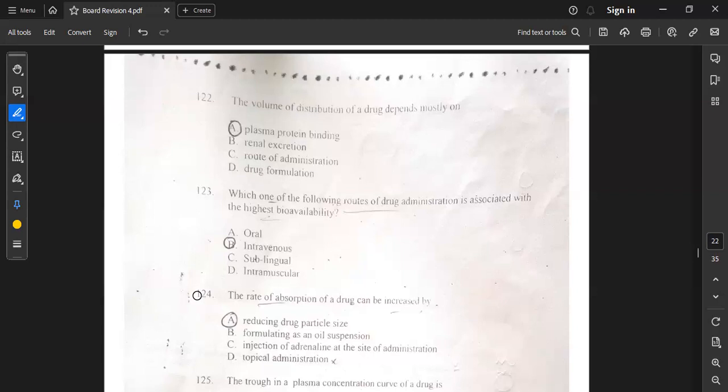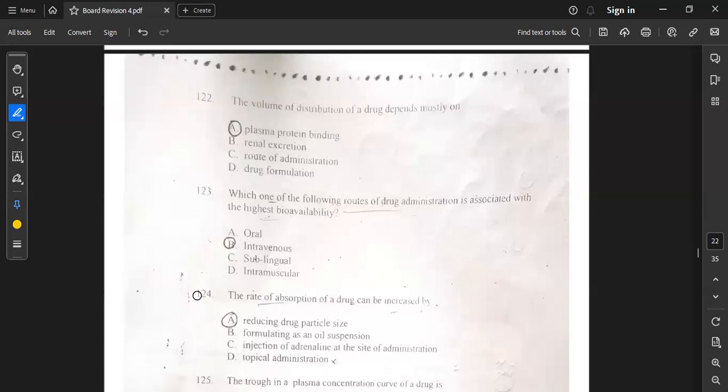Yeah, when it has a high volume of distribution it means tissue proteins, and a low volume of distribution means plasma protein binding. Sorry, when it's high, you said tissue proteins. Yeah, like how digoxin is concentrated in the heart muscle, so it has a high volume of distribution.